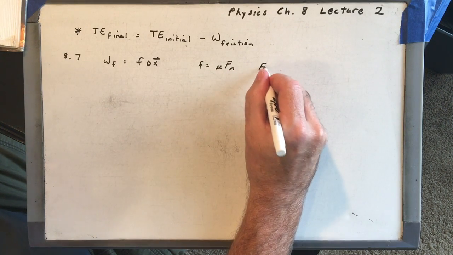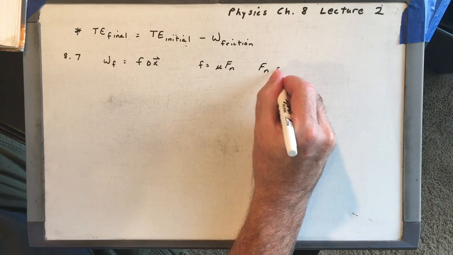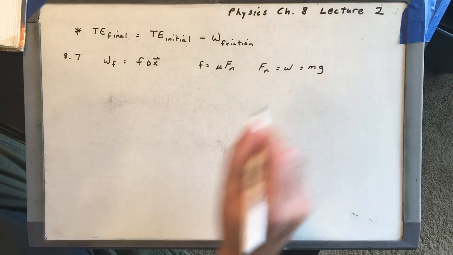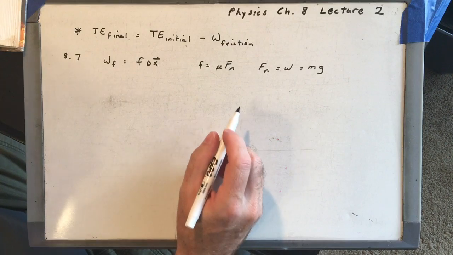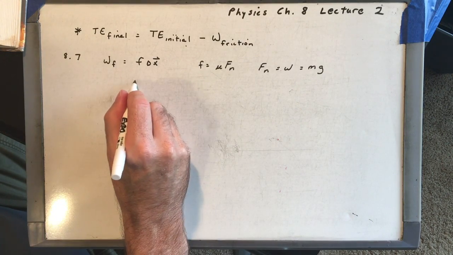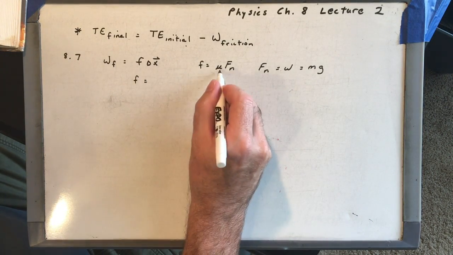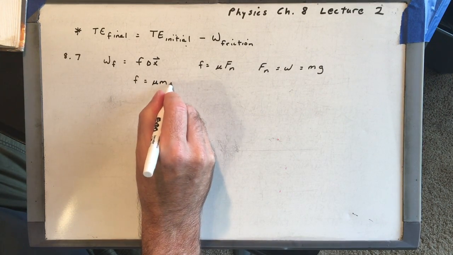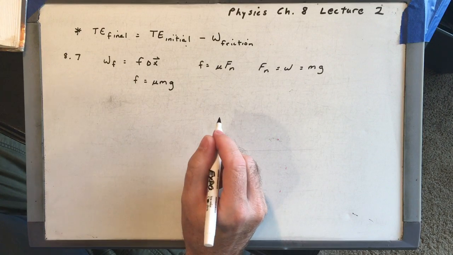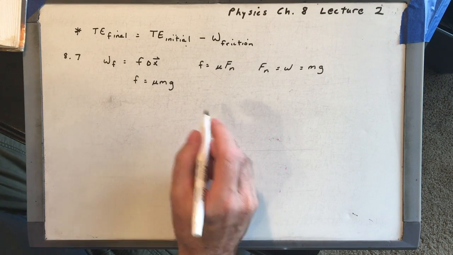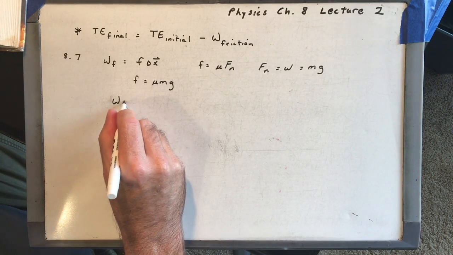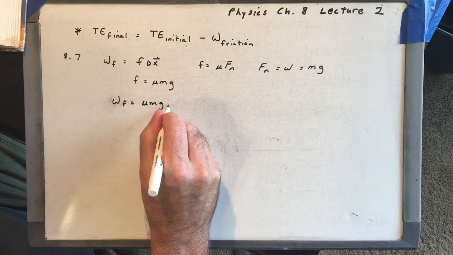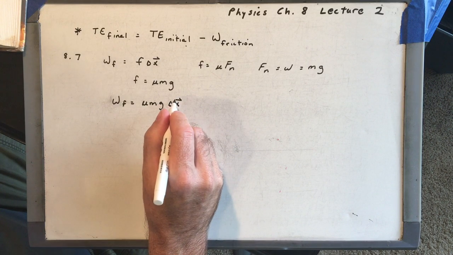We also know that if it's not at an angle, the normal force is equal to the weight, which is equal to mass times gravity. All right, so ultimately then friction is equal to mu times mass times gravity. So we did that in the last chapter. All right, so work done by friction then would be mu times mass times gravity times the displacement.